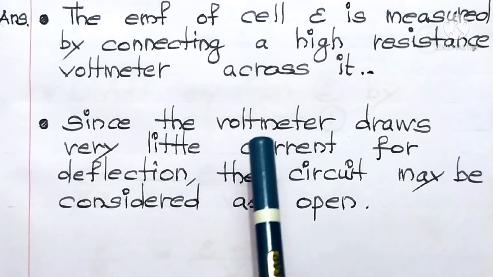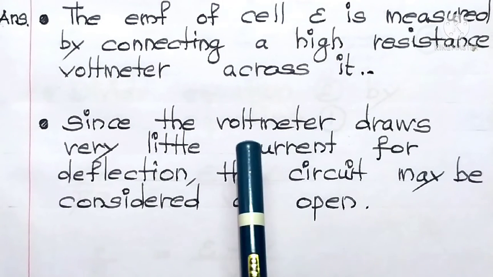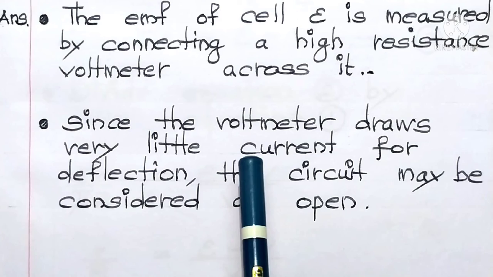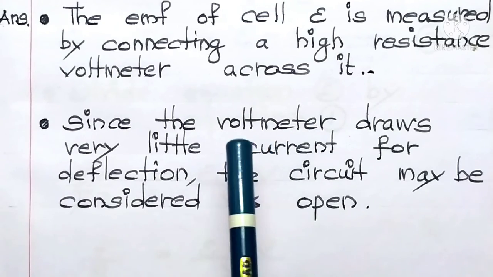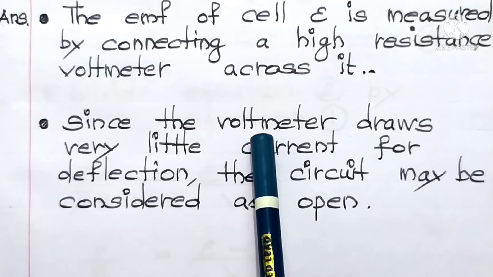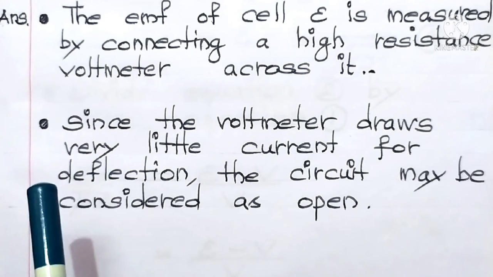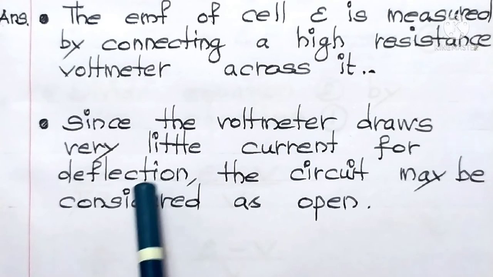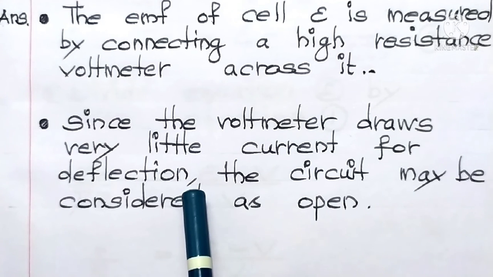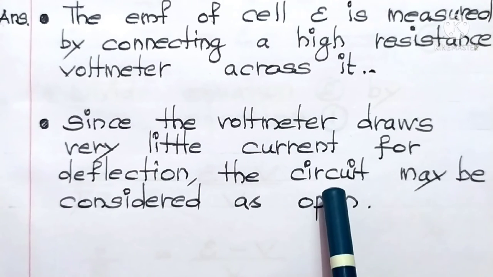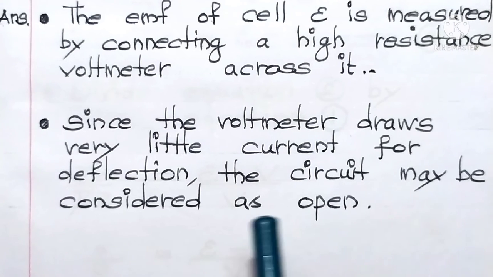Here what kind of a voltmeter is it? A high resistance voltmeter. So it doesn't allow a large amount of current to flow through it. So this voltmeter draws very little current only for its deflection. So even though this circuit is a closed one, this circuit may be considered as open.